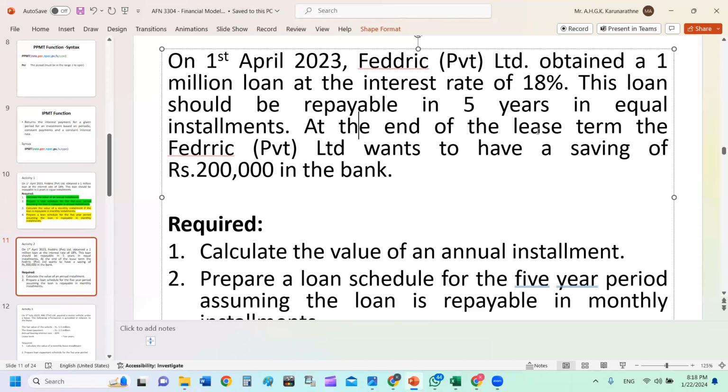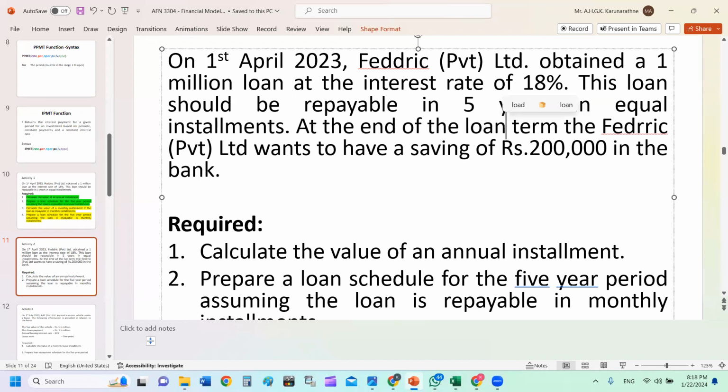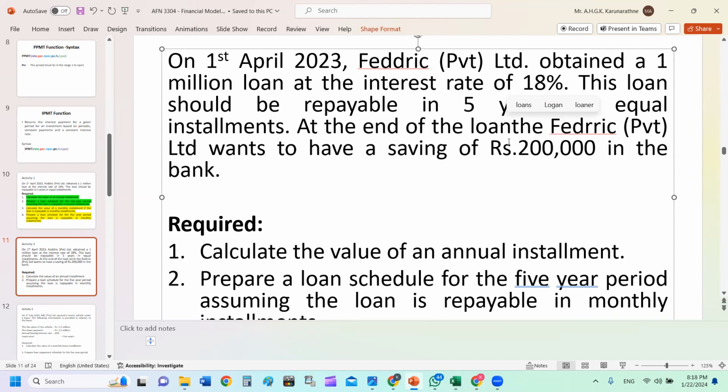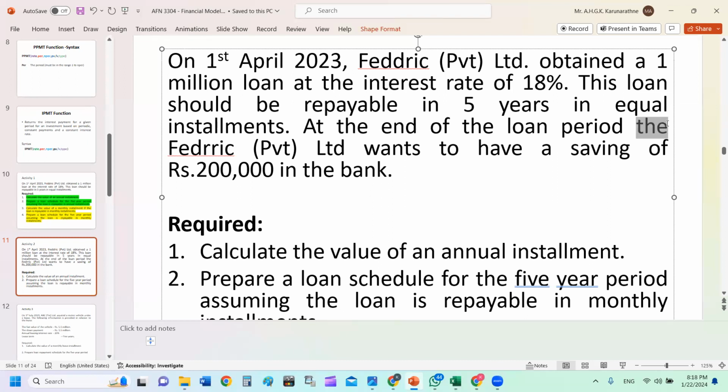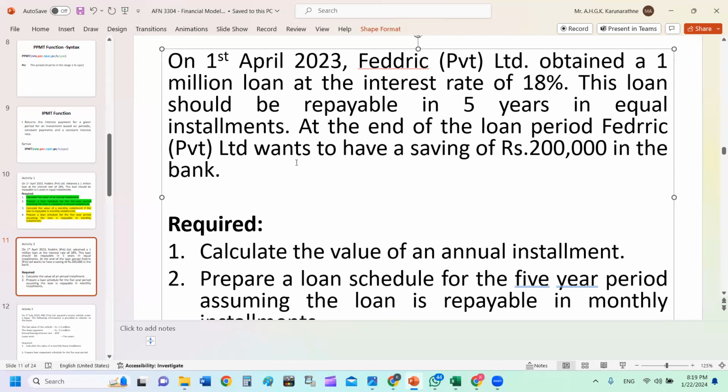At the end of the loan term or loan period, Frederick Limited wants to have a saving balance of 200,000.